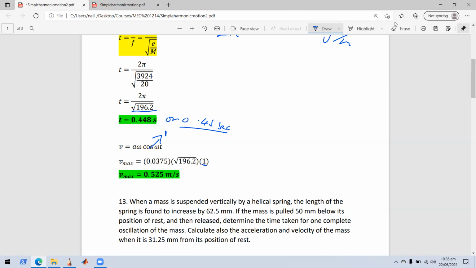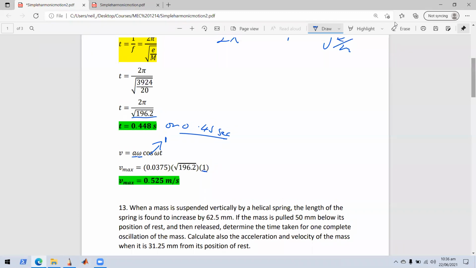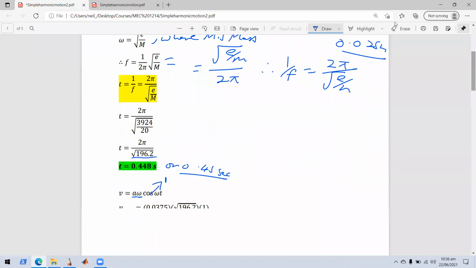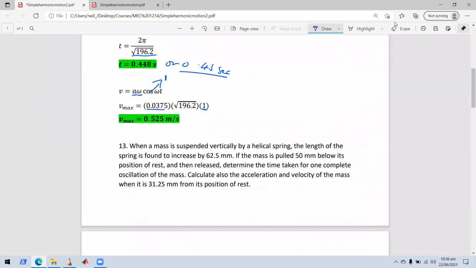We plug in our values for omega and for A. So back up to our question A, when the mass is set oscillating vertically, the amplitude of the oscillations is 37.5 millimeters. 37.5 millimeters goes to 0.0375 meters, right? Plug that in there, okay? Now we also need to find omega.